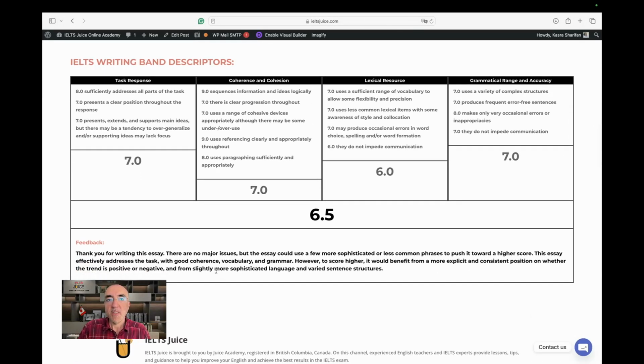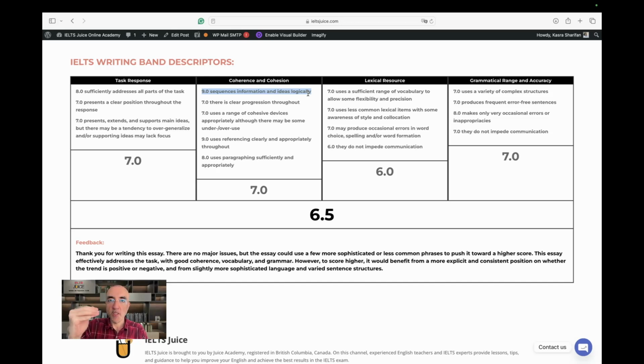So, elements that I liked. The organization was sequential. Towards the end, in the conclusion, you could see that we mentioned the two causes and we mentioned the two negative elements, and we wrapped everything up.